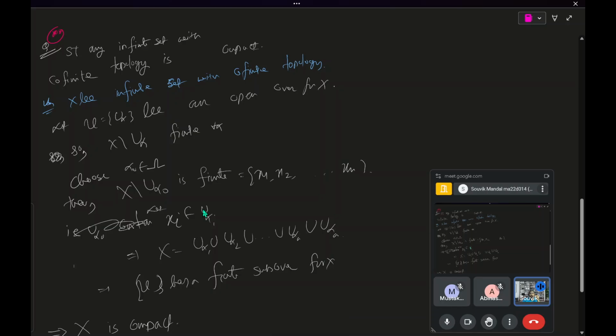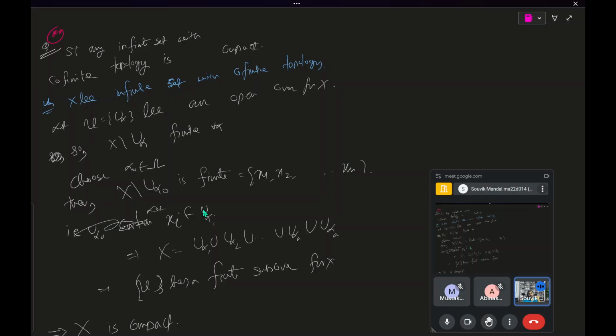In the previous question, we need to show that any infinite set with cofinite topology is compact. For that I started with some open cover U of X, and we need to show that U has a finite subcover. Since we're in cofinite topology, X minus U alpha is finite for all alpha.